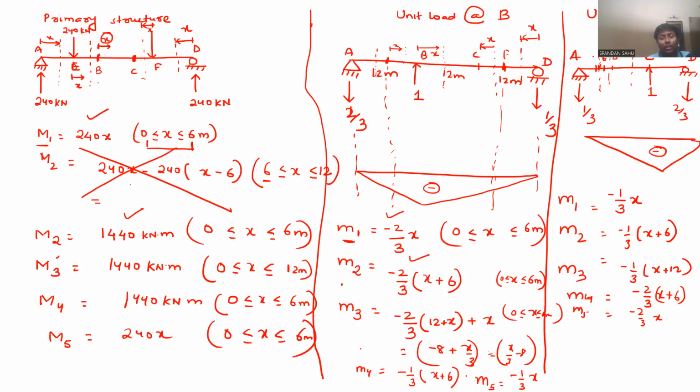Then M4 multiplied by capital M4 dx by EI, integrate over span C to F. Then the integration over span D to F: M5 capital M5 dx by EI. You got it?